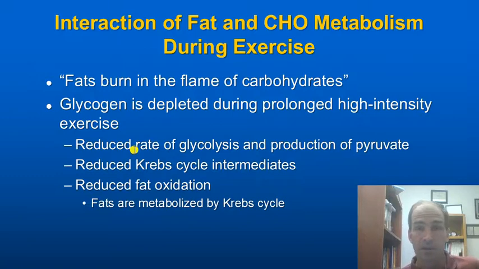And this is key because with longer term exercise, and when I say longer term, we're talking an hour, more than an hour, where we might start to deplete muscle and liver glycogen, especially muscle glycogen, that carbohydrate may not be as readily available due to reduced rates of glycolysis, issues with some of the enzymes in both Krebs cycle and glycolysis, and an inability then to utilize fats.